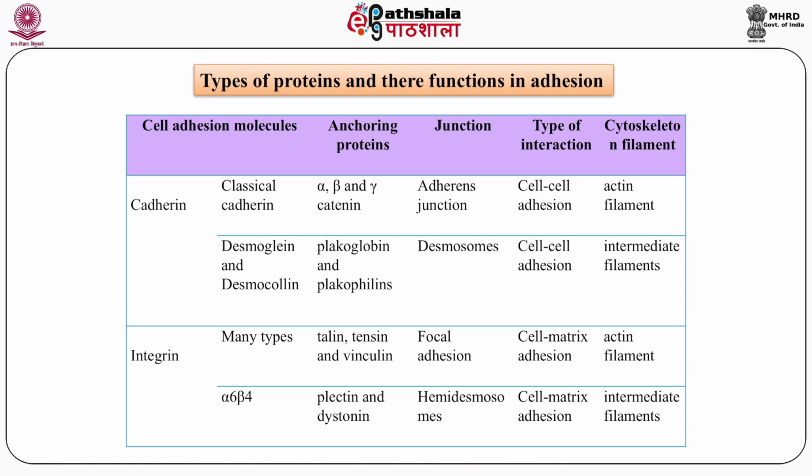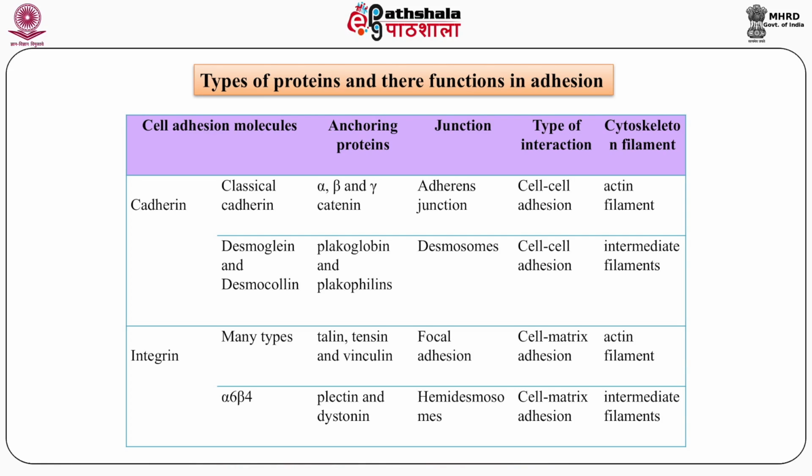The cytoskeletal filaments required for them are intermediate filaments. If you talk about integrins, which are also cell adhesion molecules, they are of different types, and the anchoring proteins for these are talin, tensin and vinculin. They are required for focal adhesions. Their interactions are cell to matrix adhesions, and the related cytoskeletal filaments are actin filaments.